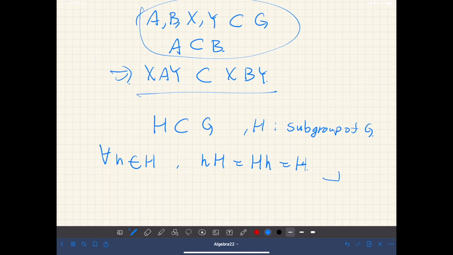I think this is pretty much trivial because h is an element of this uppercase H, and this uppercase H is supposed to be a subgroup, so it's closed under multiplication. If you multiply an element within that subgroup, then it will not go out of that subgroup, so it stays the same. But anyway, you should try to prove this.